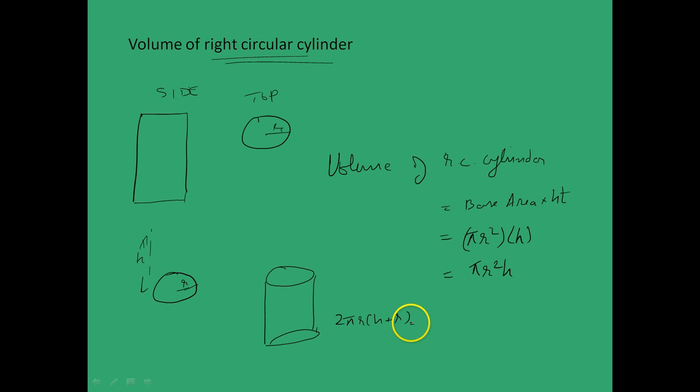This is the total surface area given, but the fact that the top and bottom portions are missing is not accounted for in this formula. Because this is a pipe with no top and bottom, the only thing there is the curved surface area, and so the true surface area of this pipe or tube would actually be 2 pi r h.